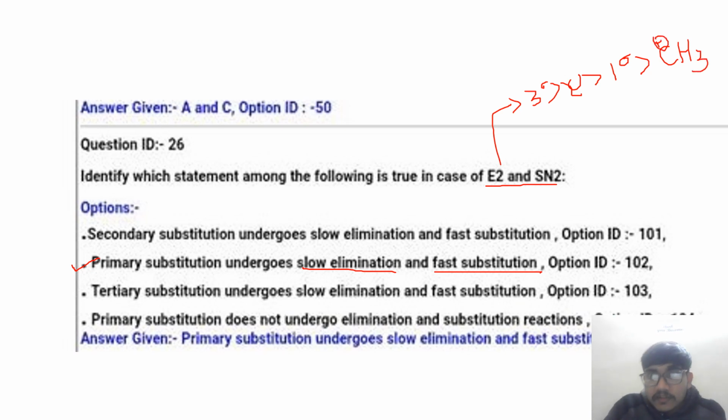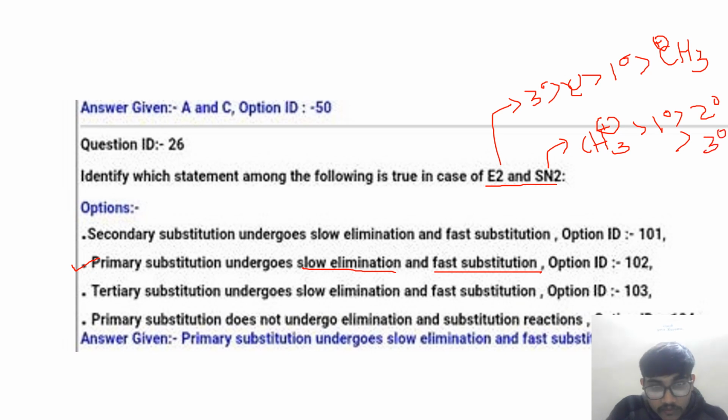And in the case of SN2, the substitution reaction, it is CH3 first, then 1 degree, then 2 degree, and then 3 degree.